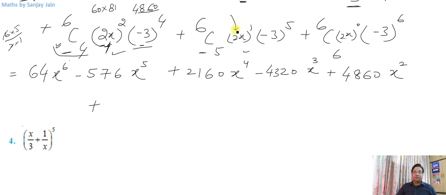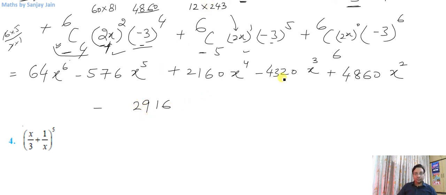6 into 2 is 12, 12 into 3 raised to power 5, and we will have a negative sign here, so minus, this is 6 into 2, 12, into 3 raised to power 5 is 243, right? So it will give you 2916, with x raised to the first power.